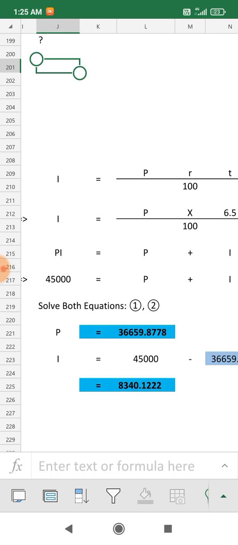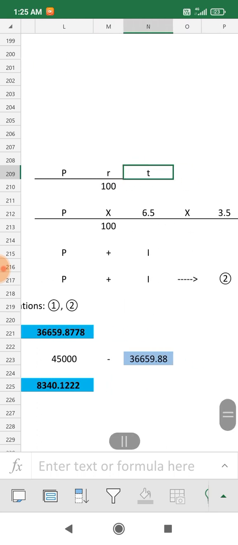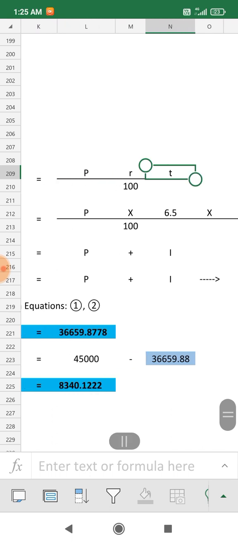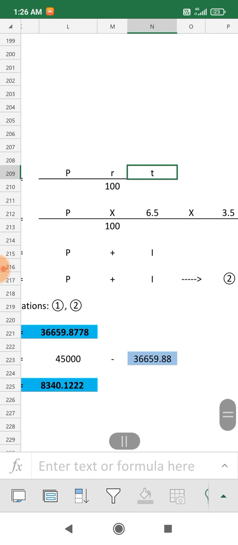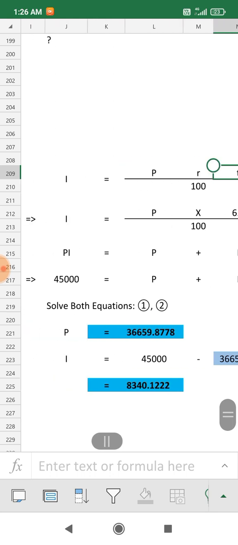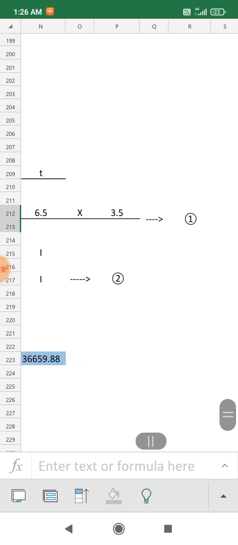Put the values of R and T and we get the first equation. I equals P into this value. This is our first equation.